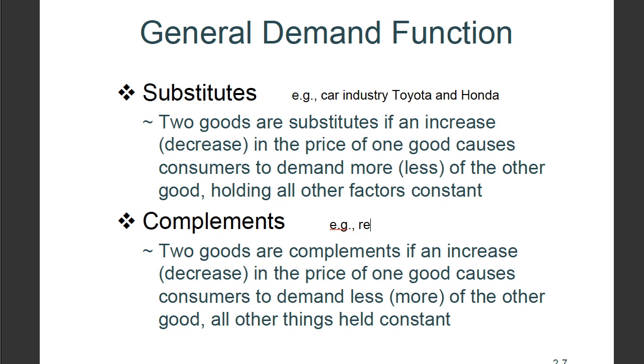Rice and beans. It could be complementary goods. If there's an increase in the price of rice, if you believe they're complements, then the price of rice goes up, people buy less rice, but then they're also going to buy less beans because they can't have them together.